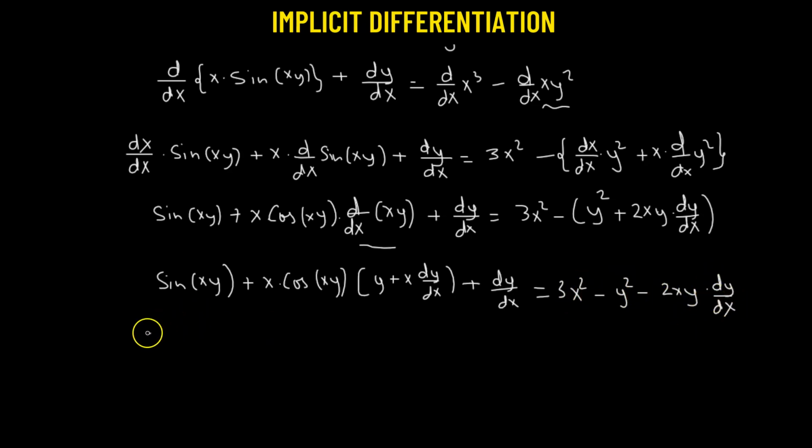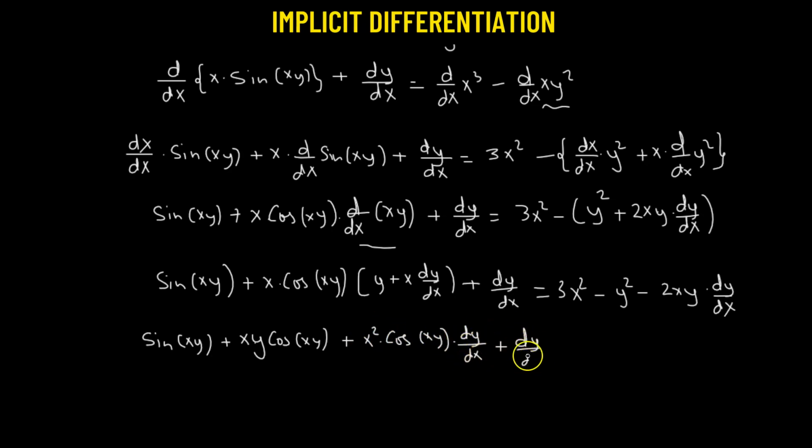Now on the left hand side we have sine of xy plus x times, so we'll multiply x times cosine of xy with each of the terms within the parentheses to get x times y times cosine of xy plus x squared times cosine of xy multiplied to derivative of y with respect to x plus derivative of y with respect to x equals 3x squared.